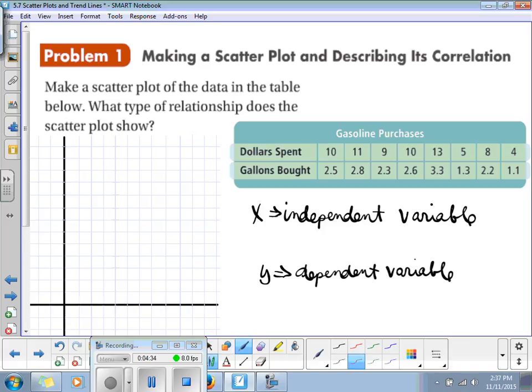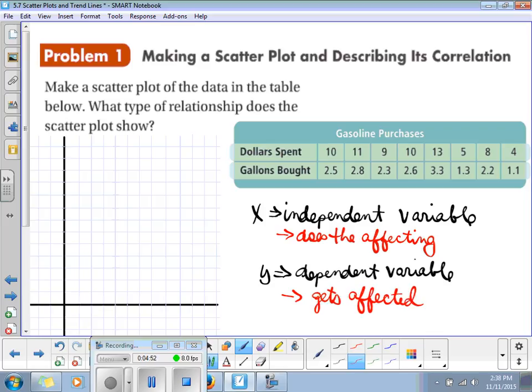This one does the affecting, with an A. And the y value gets affected. So the x causes the y to change. Got it? So, what do you think? Which one is which?